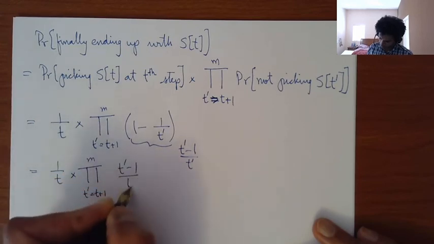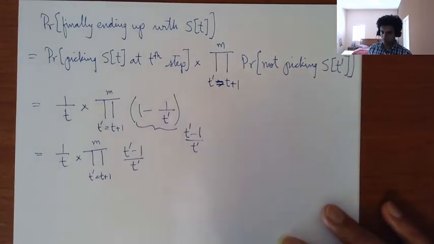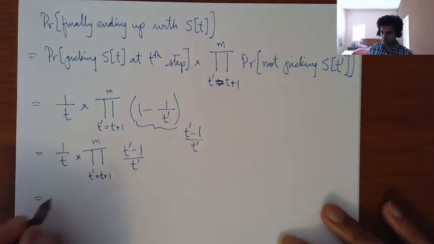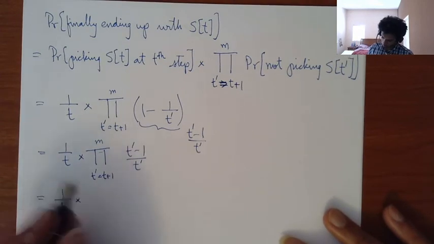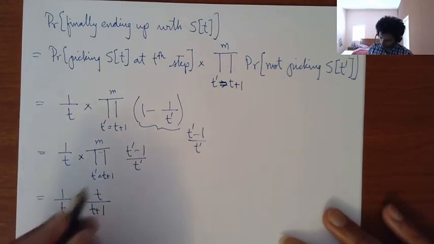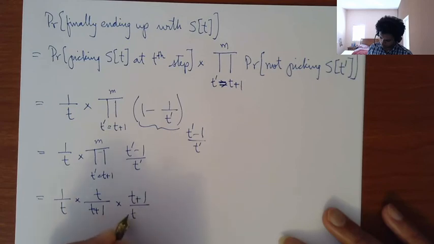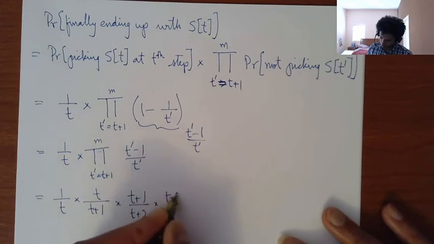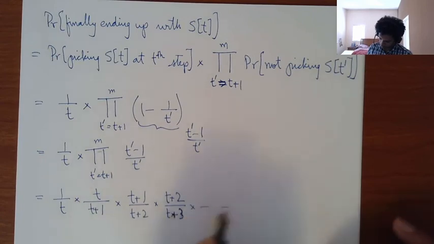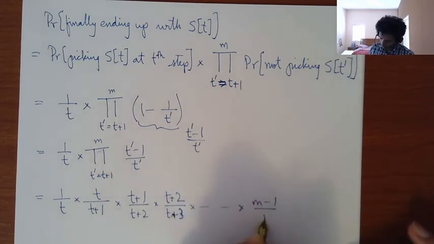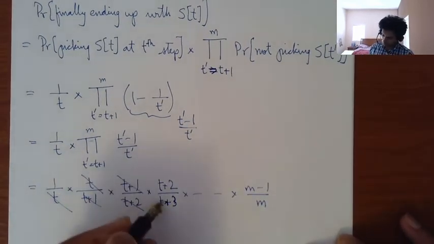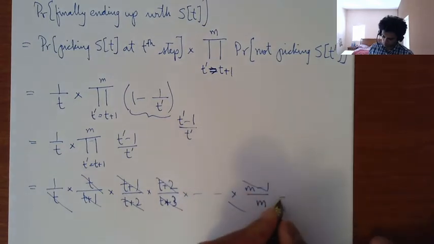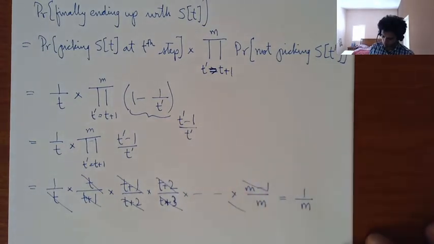Now let me just expand this out. I get t divided by t plus 1 times t plus 1 divided by t plus 2 times t plus 2 divided by t plus 3, so on and so forth, until I get m minus 1 divided by m. And lo and behold, all of these terms cancel out, and you end up with 1 over m, which is exactly what you wanted.